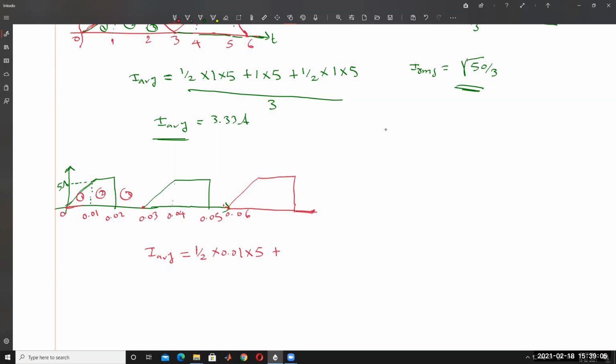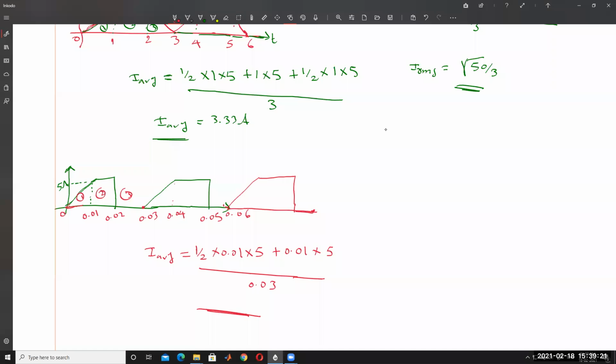Similarly, here also 0.01 into 5, divided by the total time period, which is 0.03. So in this way, you have to find it.